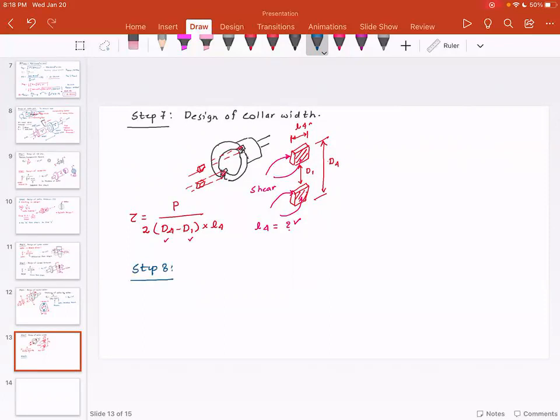is design of socket dia. And this socket diameter is actually studied or failed in pure tension. So this is pure tension failure.